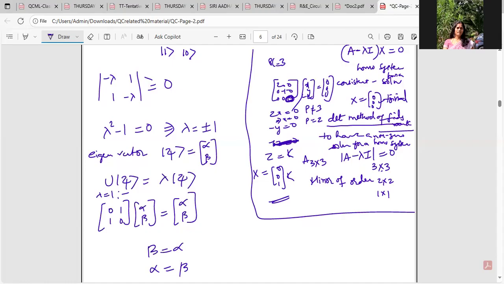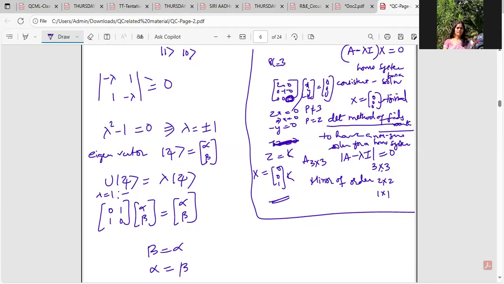So what can I say about the eigenvector? Putting one equation in the other, I get that both are equal. This is the way I'll be finding eigenvalues and eigenvectors for the matrices.